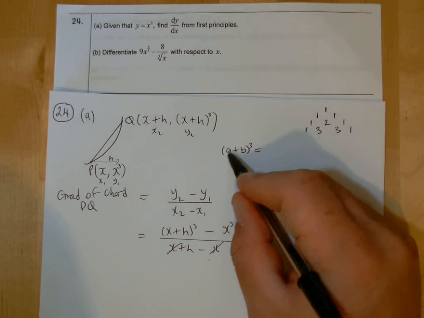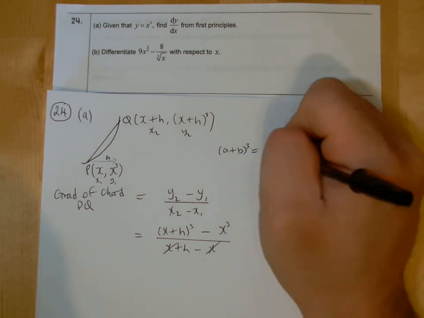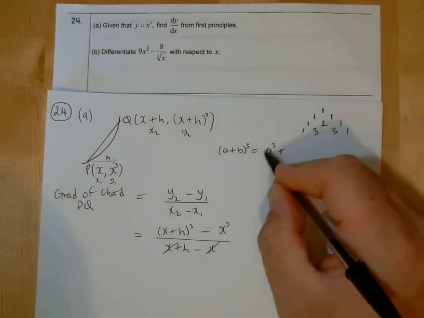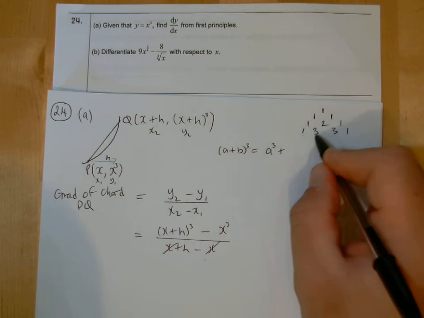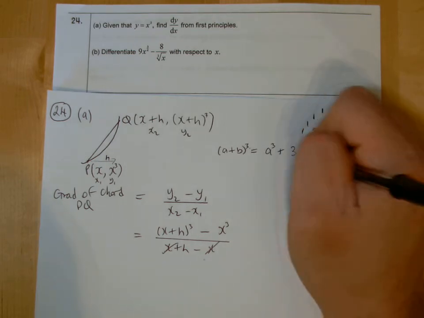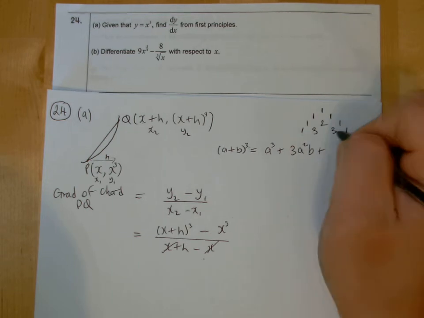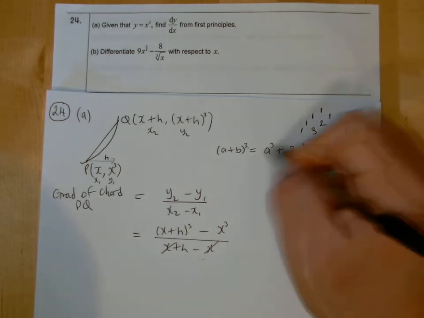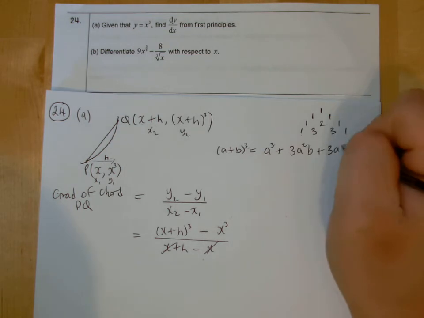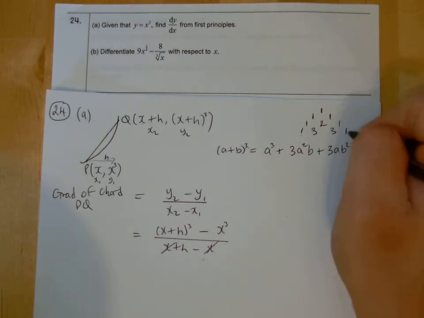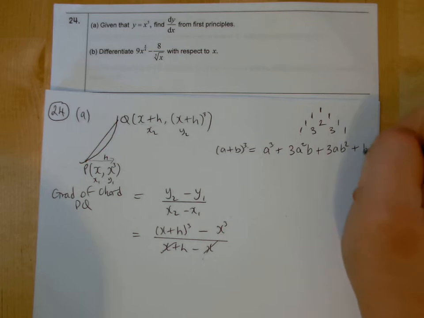Remember with a plus b cubed, so a to the power 3, a to the highest power. So coefficient is always 1, isn't it? I know the second coefficient then is 3. Then of course you reduce your a, so it'll be a squared and then b. Third coefficient is 3 and then a b squared, and then finally then you've just got coefficient 1, b cubed, yeah?